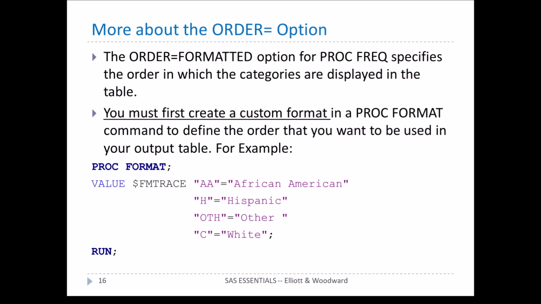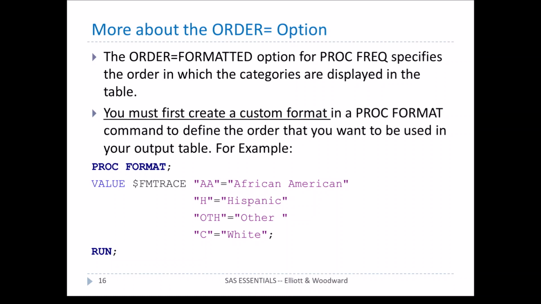Okay, so one of them that wouldn't have really had any effect on the last example is order equal formatted, because in order for order equal formatted to work, you have to have some sort of format to begin with. We've seen PROC format before, but let's take a look at this.